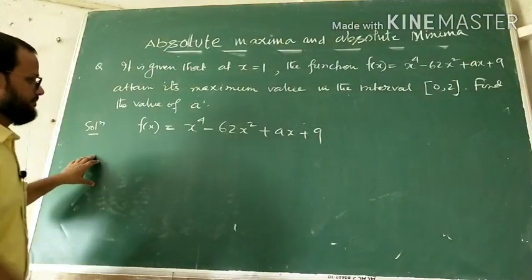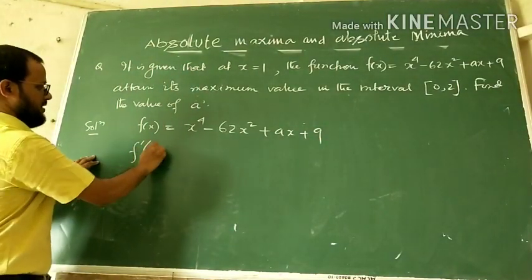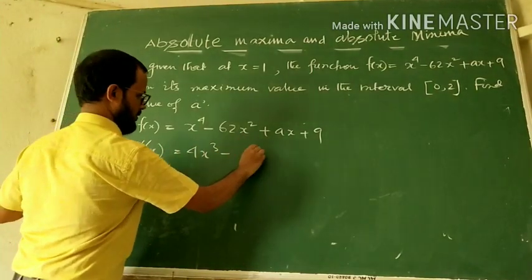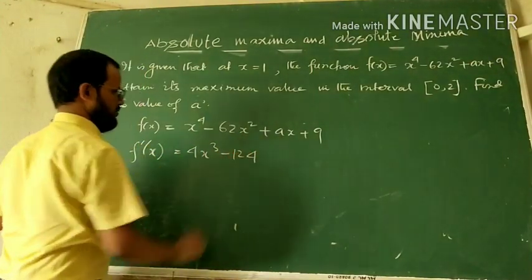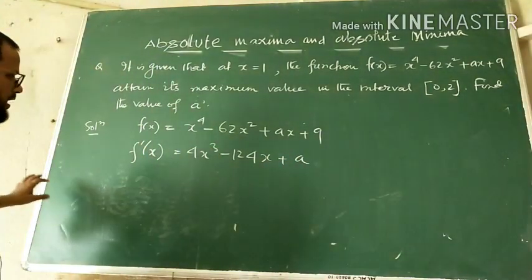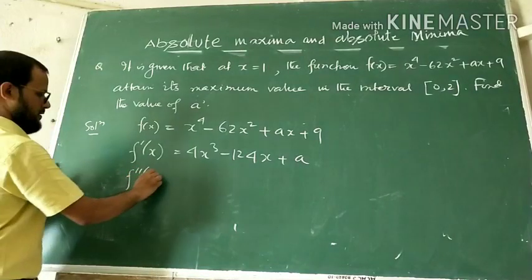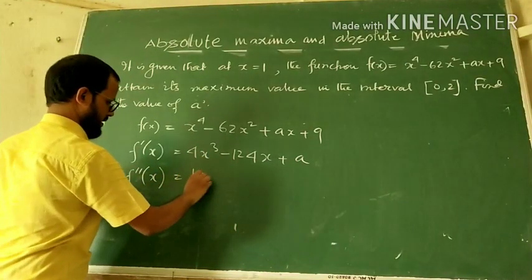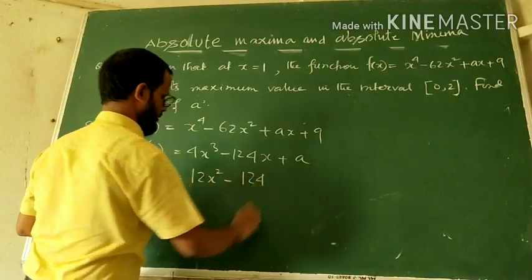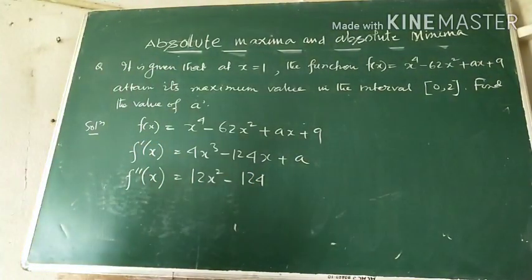Now the derivative f dash x will be 4x cube minus 124x plus a. Find also f double dash x is 12x square minus 124. Okay, this is the f double dash x.